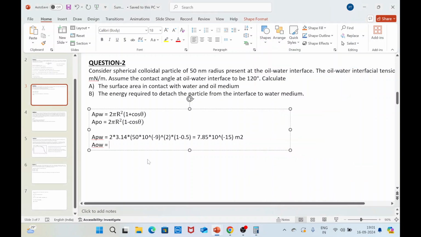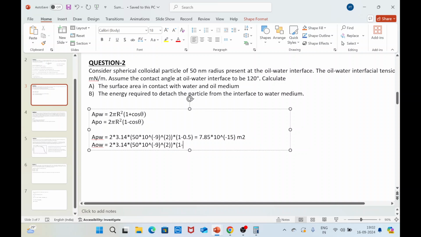So similarly for APO, it will be 2 times 3.14 times 50 times 10 to the power minus 9, whole square, times 1 minus cos theta.